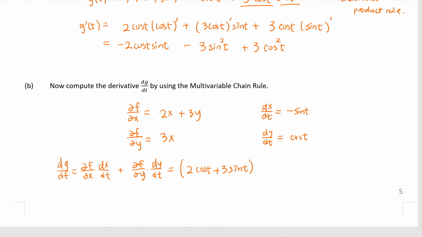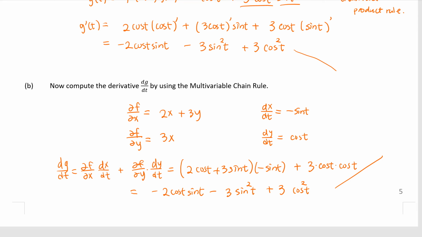And then dx dt is negative sine t, plus partial f partial y, 3x, x is cosine t, dy dt is cosine t. Let's distribute it. So 2 cosine t sine t minus 3 sine squared t plus 3 cosine squared t.